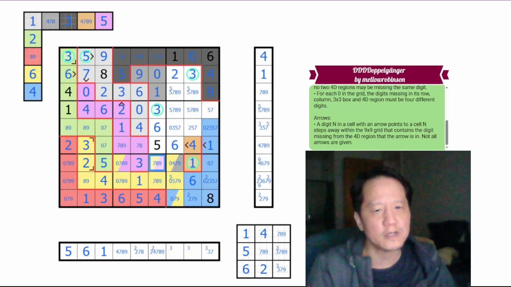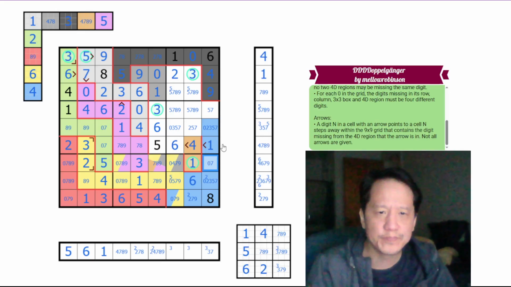So this is not orange. This could, I mean, could be orange or medium. I don't know if that's good. Medium must have access to a 4 also.